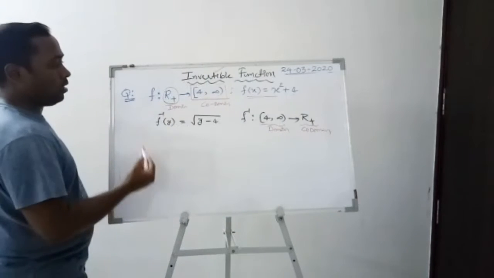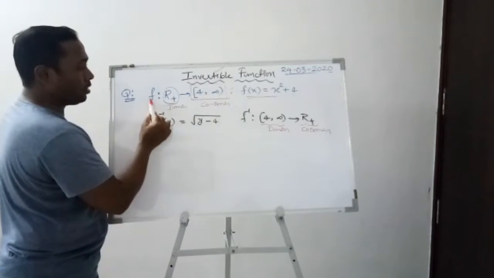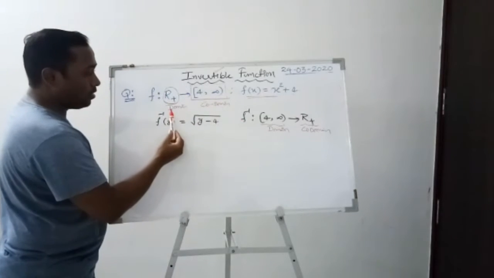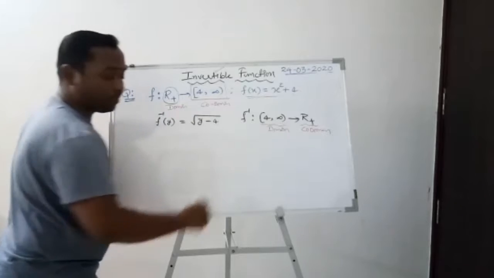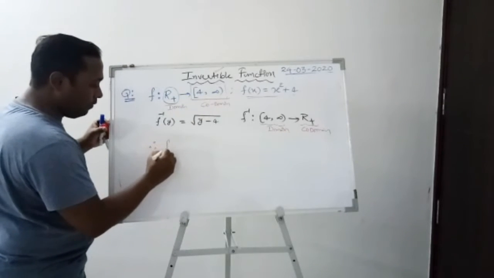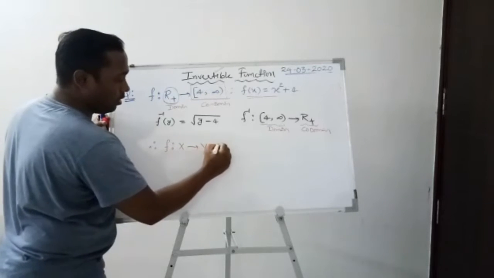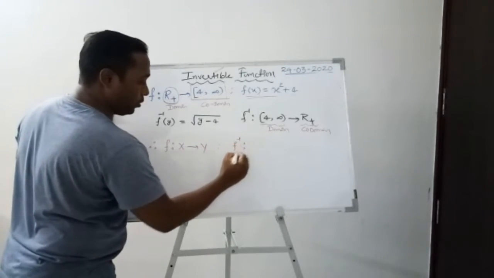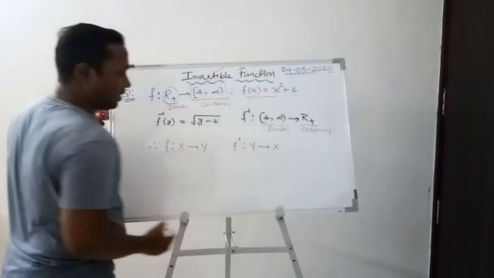So finally, if you relate the function and its inverse, one common thing you will find: the domain and codomain of the function get reversed. So what does it mean? If the function is defined from set x to y, and if an inverse exists, then the invertible function is always defined from y to x.